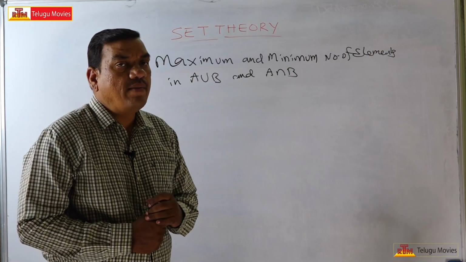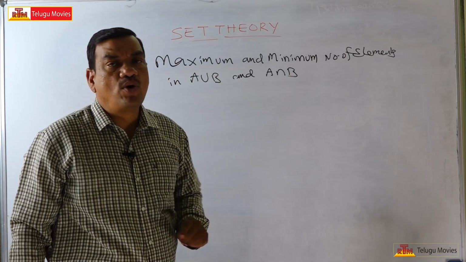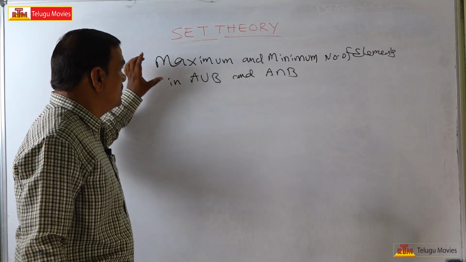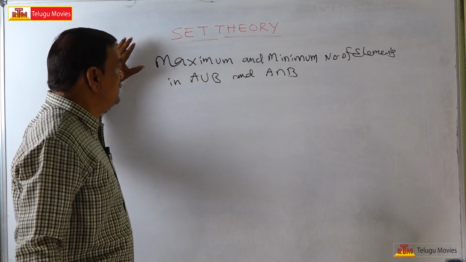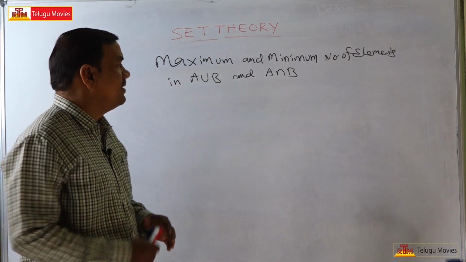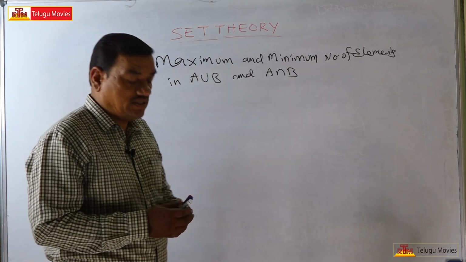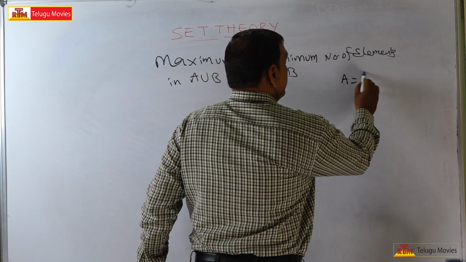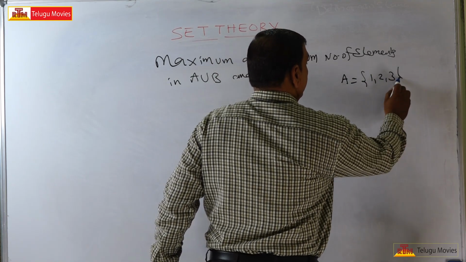Dear students, now I am going to explain a very, very important concept that is useful for your competitive examinations. The concept is maximum and minimum number of elements in A union B and A intersection B. What is this? So let us take one example here. For example, A contains the elements 1, 2, 3.